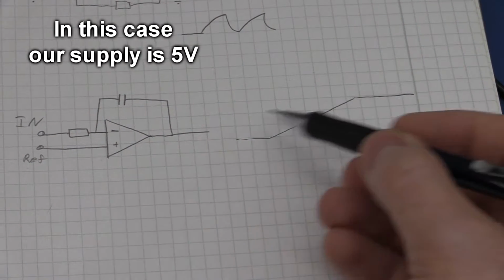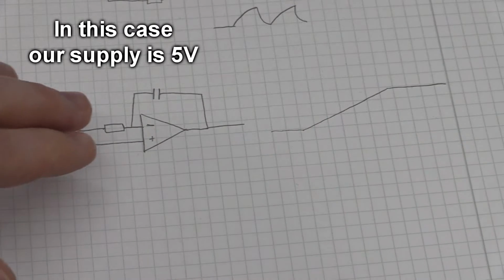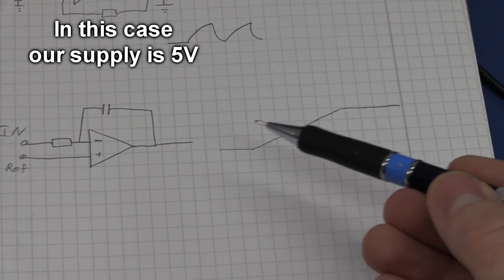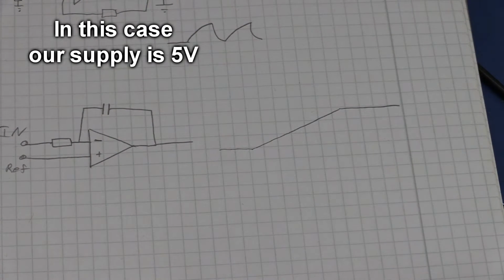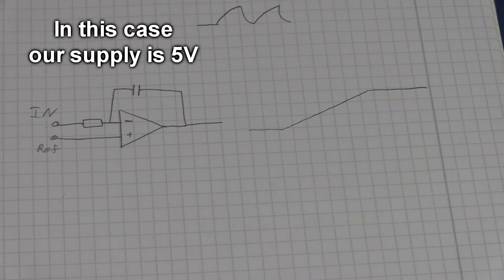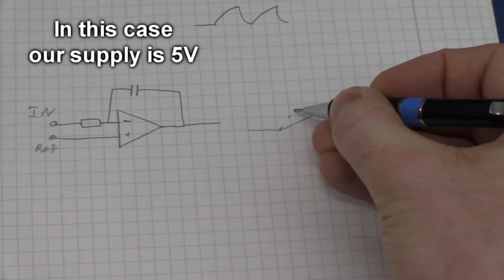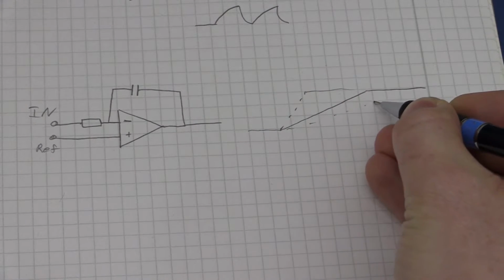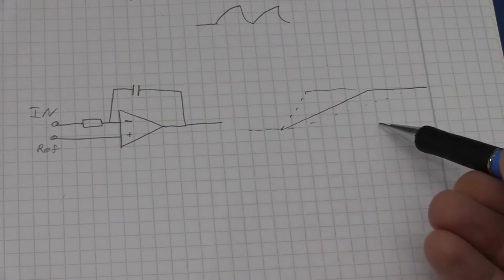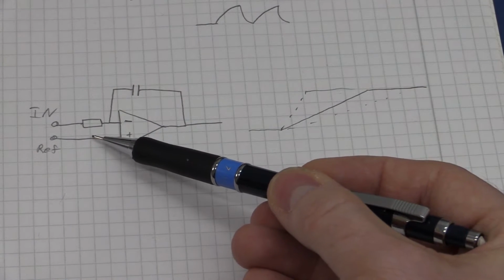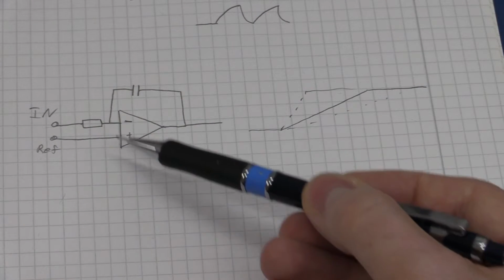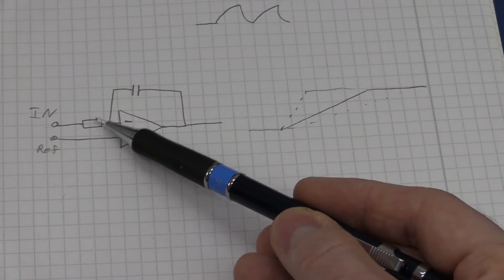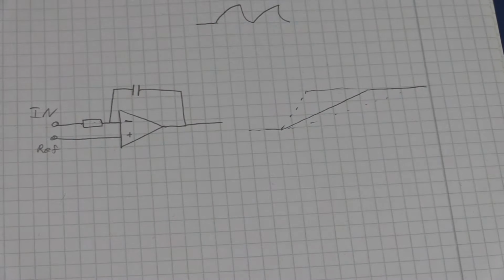Once we hit 5 volts, the op-amp can no longer operate as an integrator. It only works within the supply rails, of course. The slope here, you could imagine we could go much faster, or we could also go slower. The slope here depends on the differential between the two inputs, and also the slope down would occur if this voltage is higher than the reference.